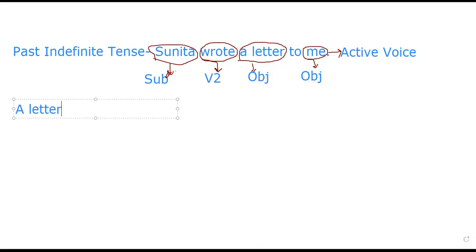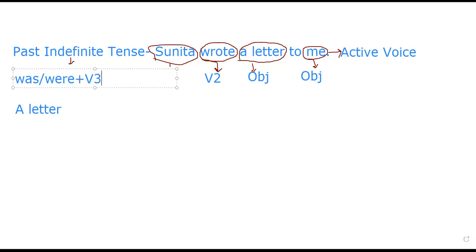In present indefinite tense, we used is, am, are. Here we will use was or were, and then verb third form.